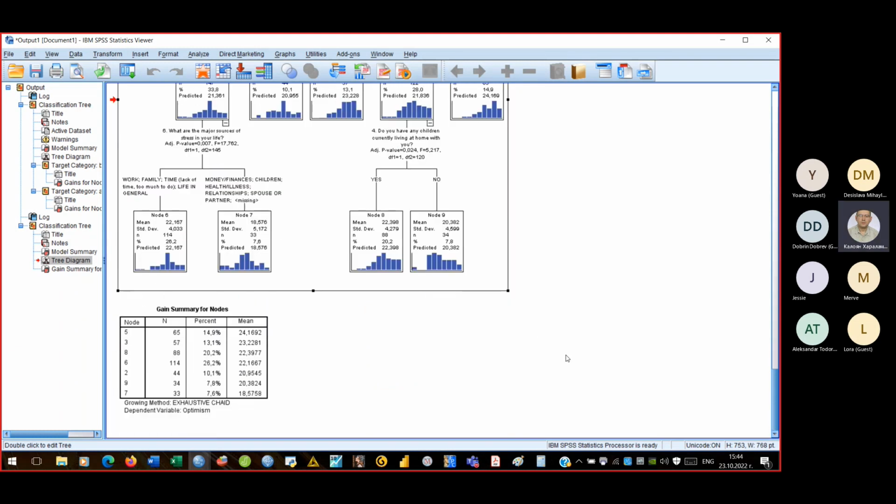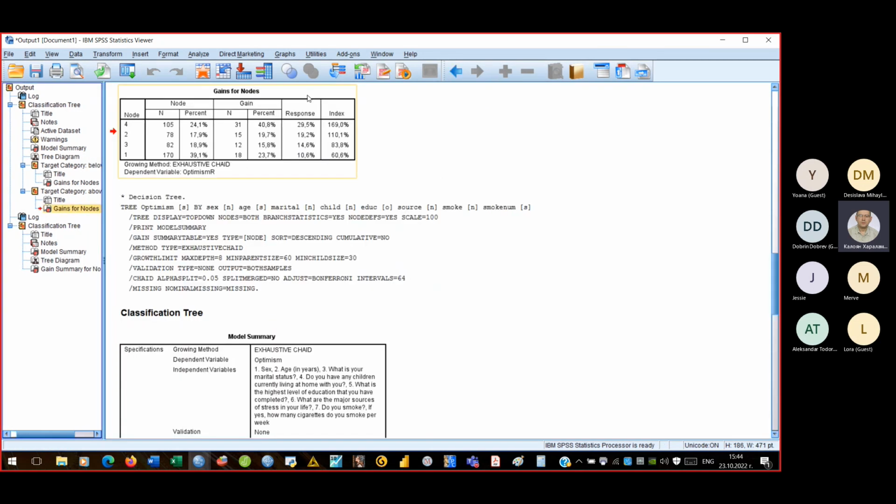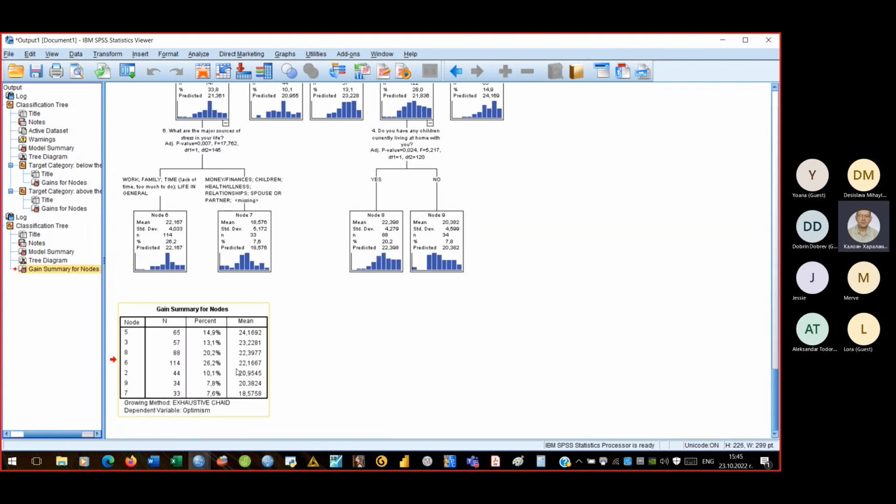But again, here we have a table. This table is similar to this table here with percentages, but here we have means, average means. So we can see that in node number 5, the average score of optimism is highest.